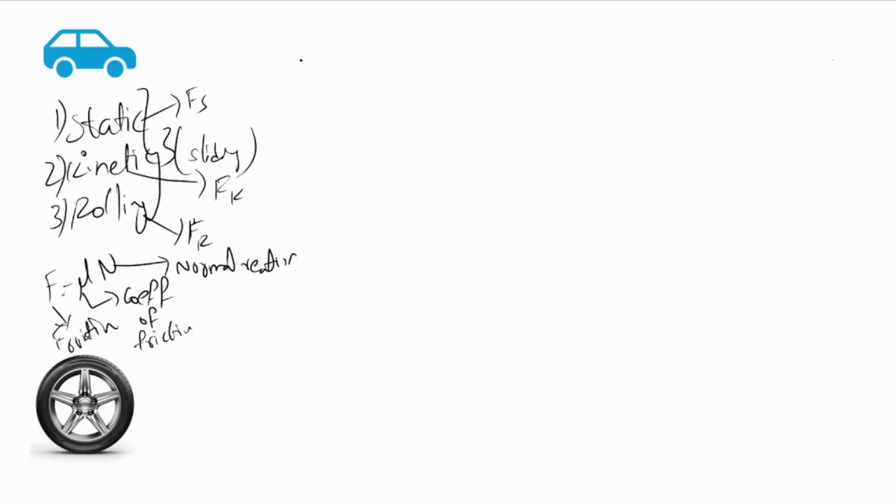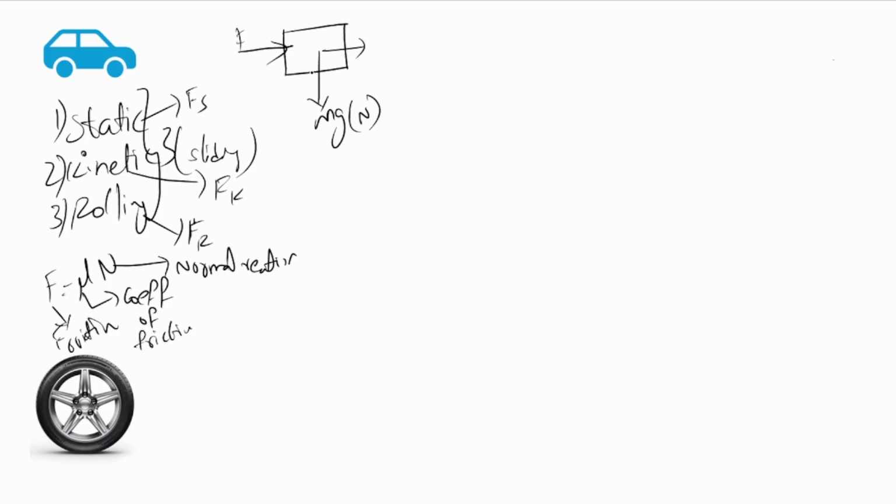So when I take a block, how do these frictional forces act? If I'm applying force to push that object, that is my pushing force. And it has some weight, and that weight is your N, the normal reaction that is acting.